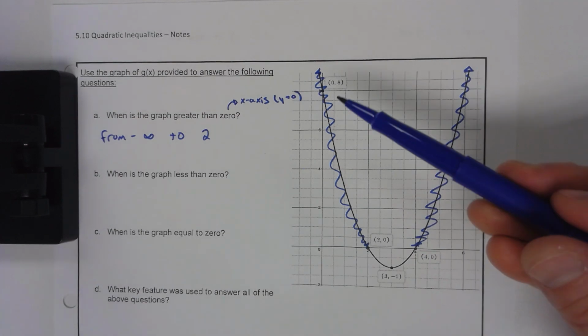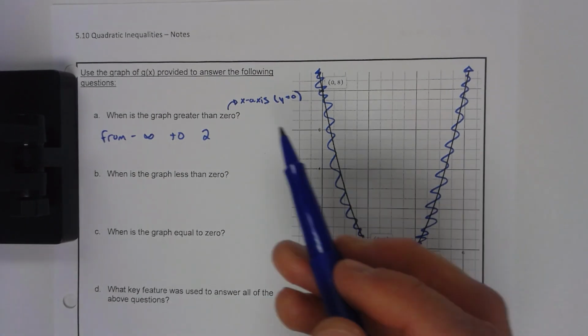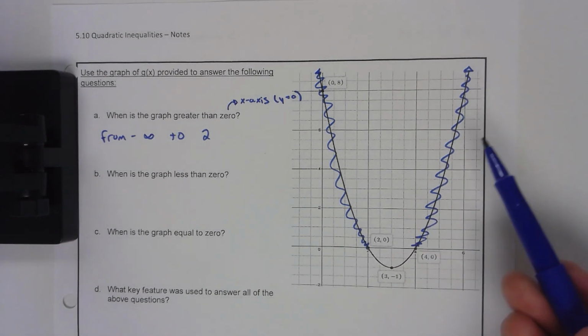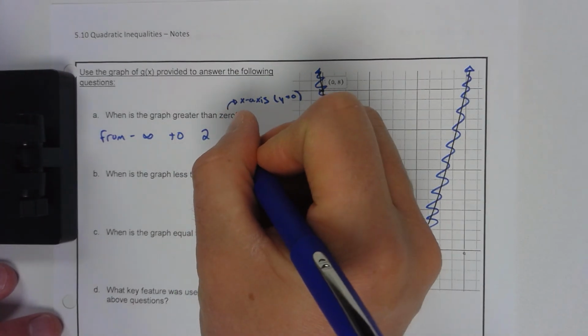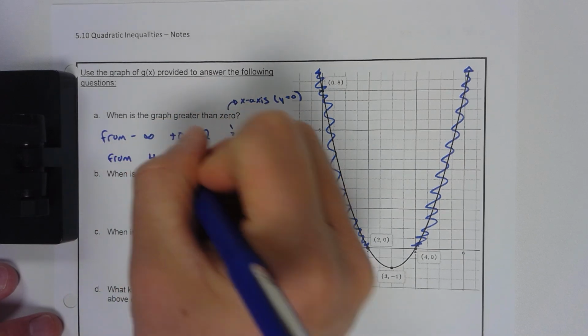So it's this entire interval, and I'm describing the x values here. It's the set of x values, kind of like when we were describing the increasing, decreasing. Then it's also greater than 0 on this other side of the parabola here. So from negative infinity to 2 and from 4 to infinity.